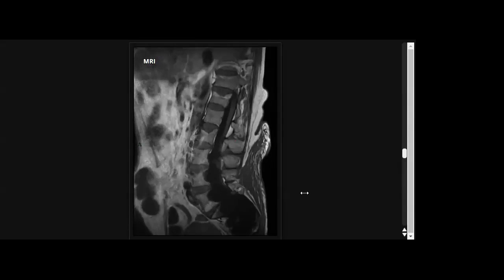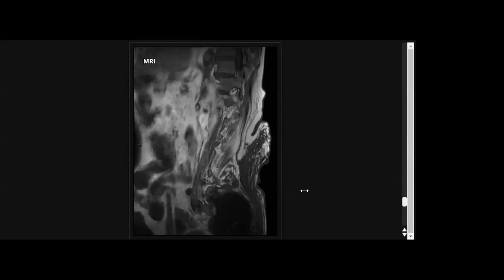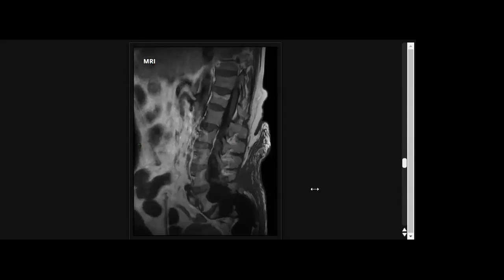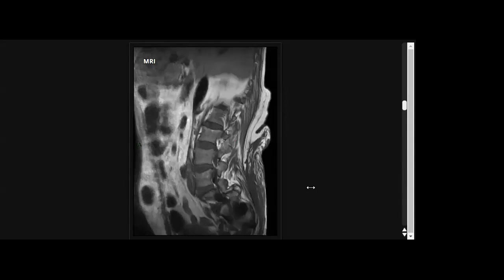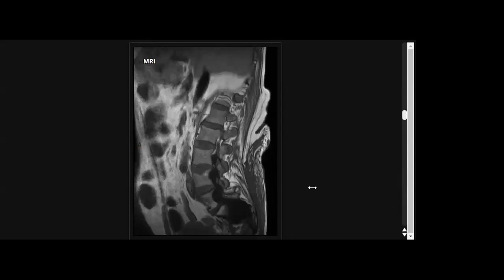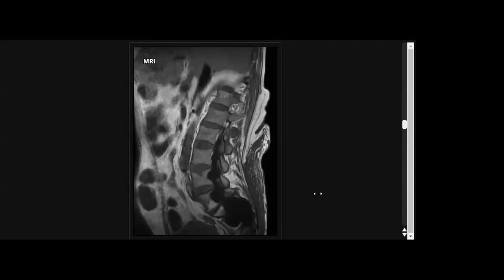I cannot see any T1 hyperintensity to suggest lipoma. So to conclude, these findings are in keeping with a low-lying cord and conus medullaris, resulting in the scalloping, and no definite spinal lipoma is appreciated. I will immediately call the neurosurgical team and inform them of my findings.